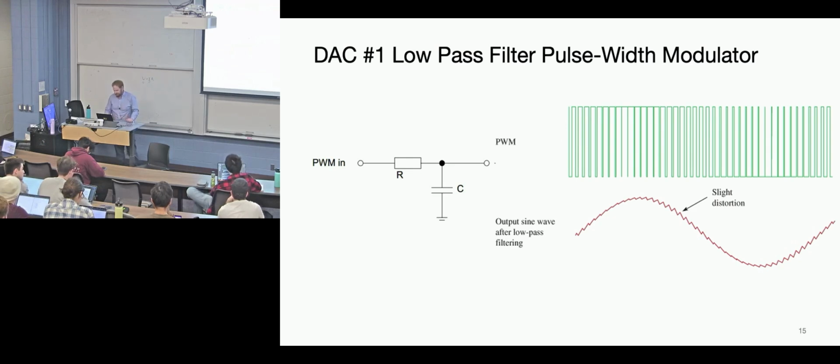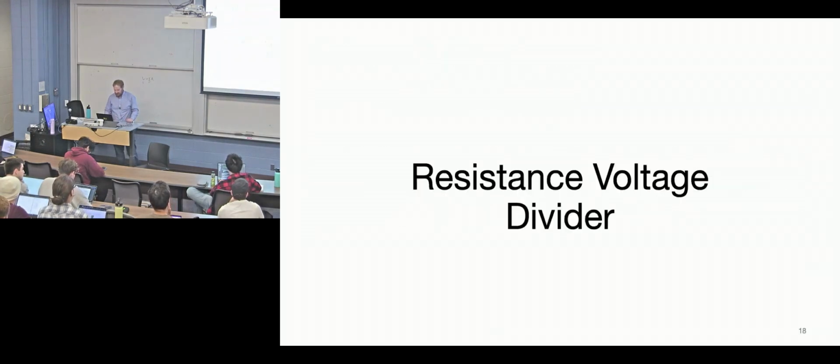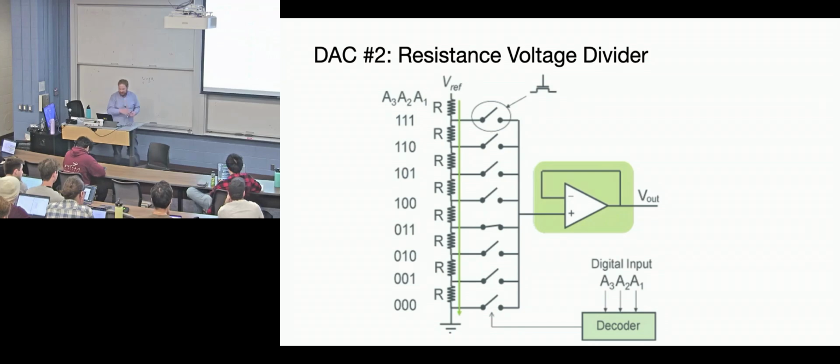Okay. And there was a Falstad simulation if you want to see that. Now, we didn't get to the voltage divider ladder, correct? All right. Building off the same structure that we had for the flash ADC, we can make a representation of all possible voltages that you could want. The trick here is that you typically use the same resistance value.